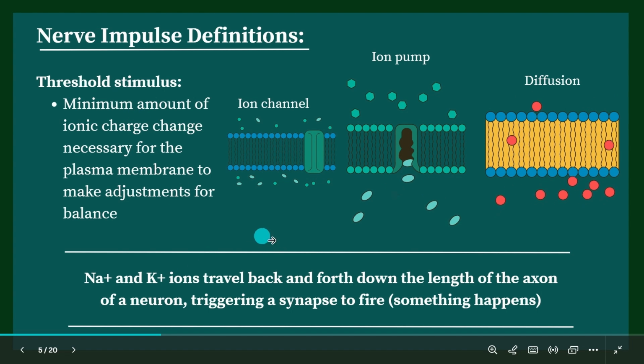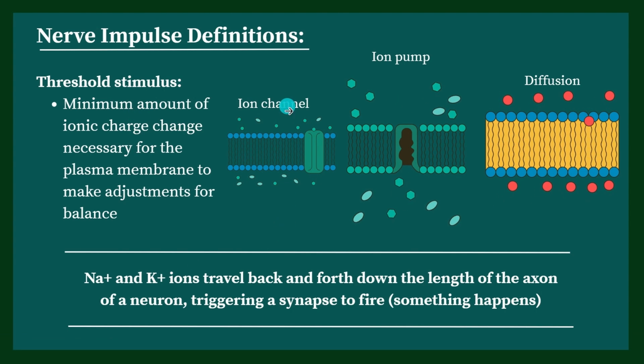So the sodium and potassium ions in the neuron are going to travel back and forth inside of the cell and down the length of the axon of a neuron, which creates the triggering response.